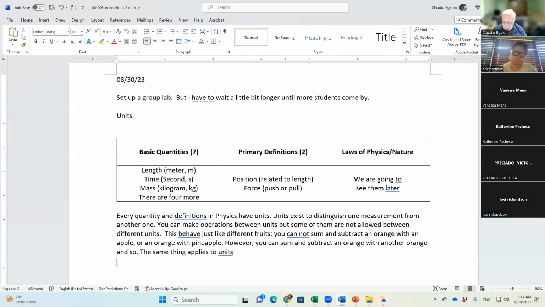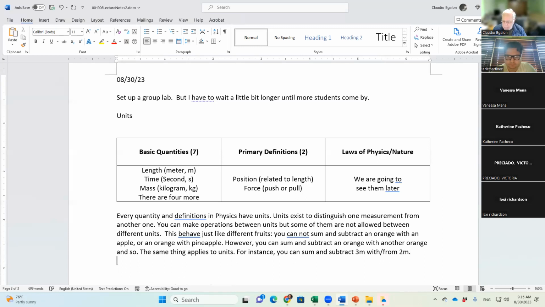For instance, you can sum and subtract 3 meters with 2 meters. It's possible to do that.